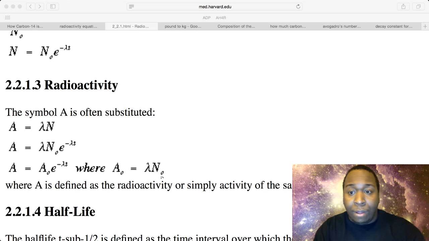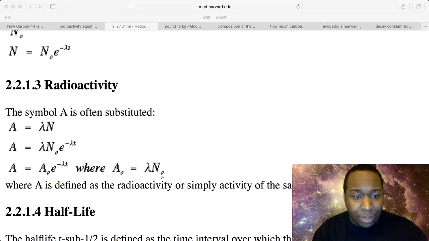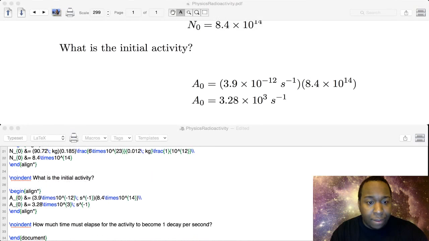So yeah, we can quickly do that actually. Let me switch scenes and go back to what we have here. So we have the initial activity.